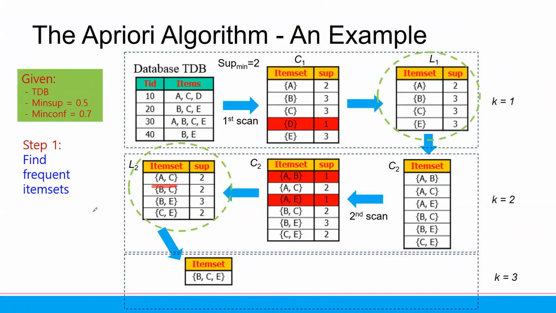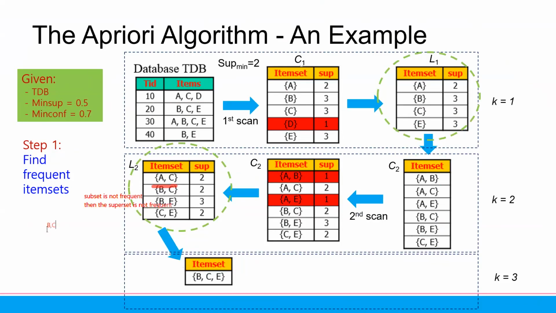So if you can see, what we learned before is if the subset is not frequent, then the superset is not frequent. In order to get the BCE, we will check for every possible subset.